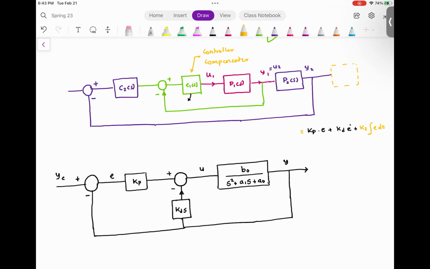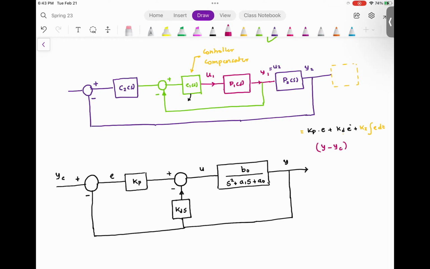Everyone understood this? Your Kp, Kd, and Ki all act on the error function. Error means actual minus desired. Do you agree with me?